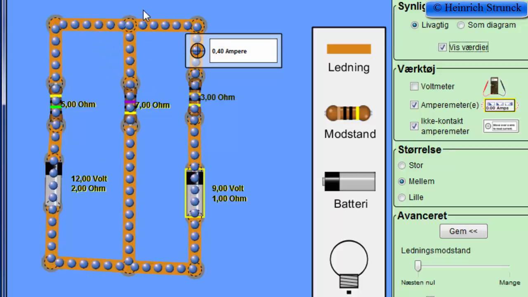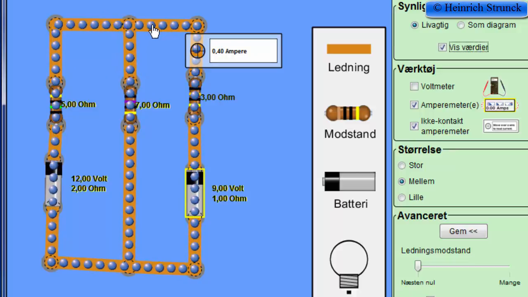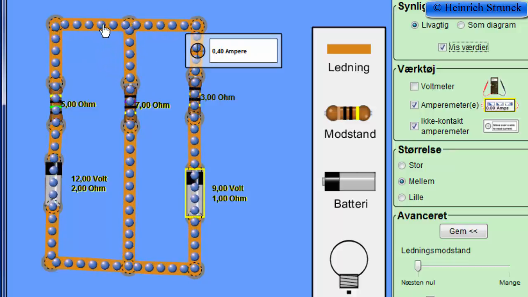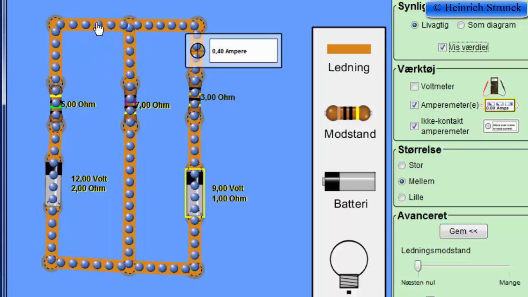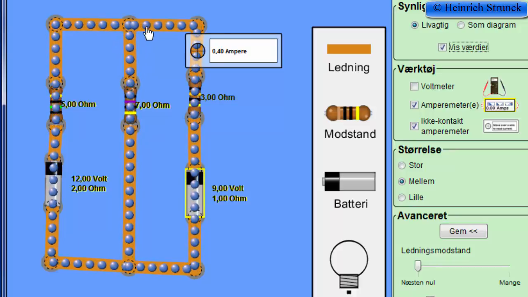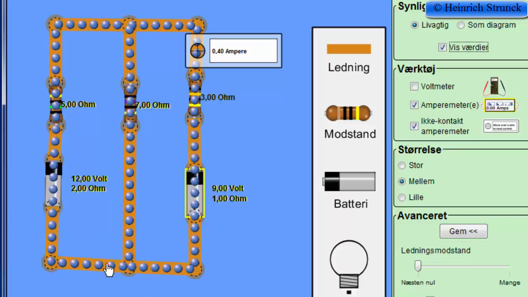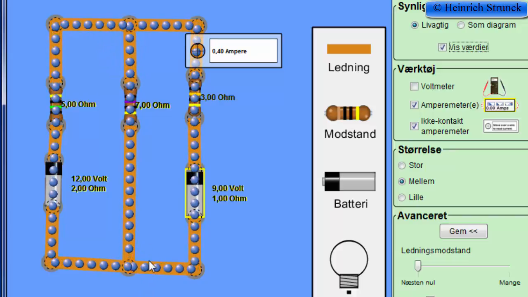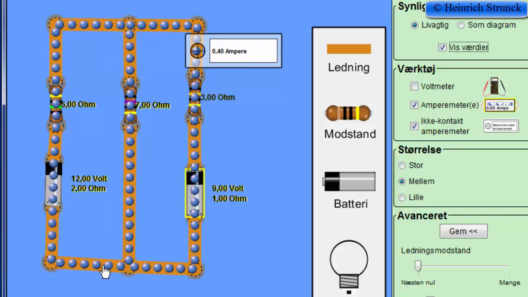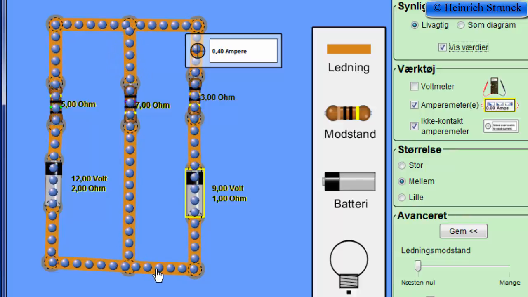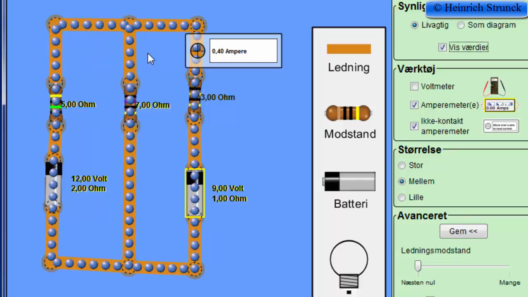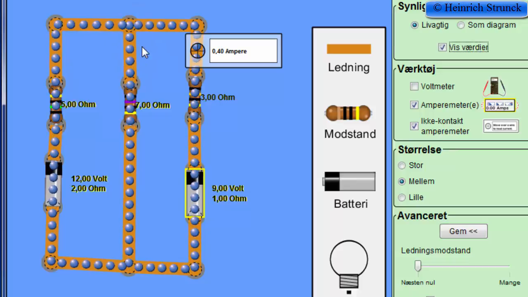And up here we can make an equation from the current I1, I2 and I3. Down here we also have a connection point, but it is the same story because you have the current I1, I2 and I3. So we only have to describe one of these connection points.